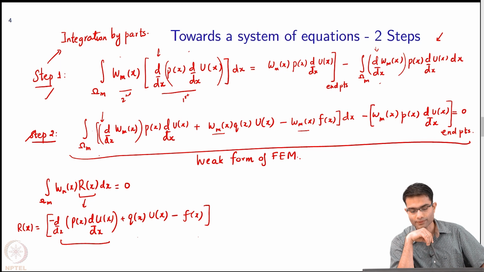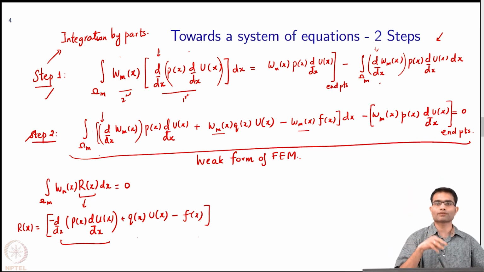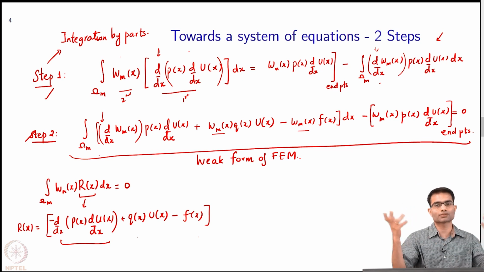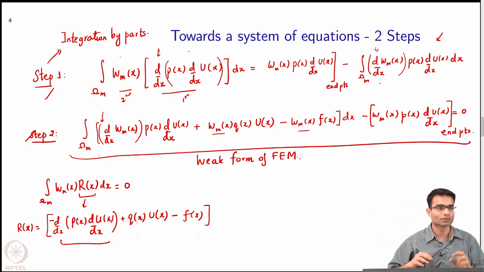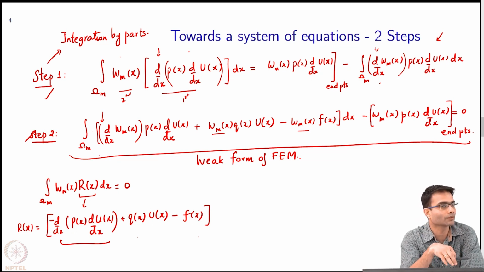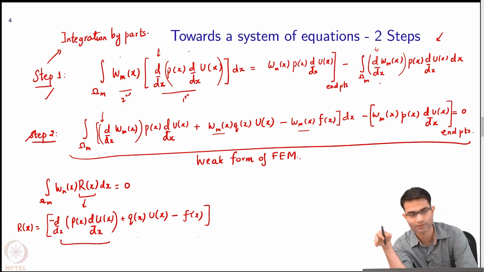Not the order of derivatives, it's simply weak because I'm not enforcing at every point in the domain, I'm enforcing it in a weighted sense over some interval, so it's called the weak form, that's all. But this is the form that we will use to convert into a numerical solution. Once I've transferred the second derivative into a first derivative, okay.